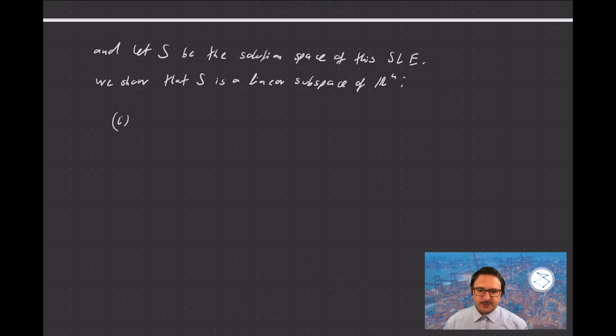We start with the first property that simply states the space should not be empty. And as you know, we usually do this by checking whether 0 is contained in that space. And that is, of course, the case here.